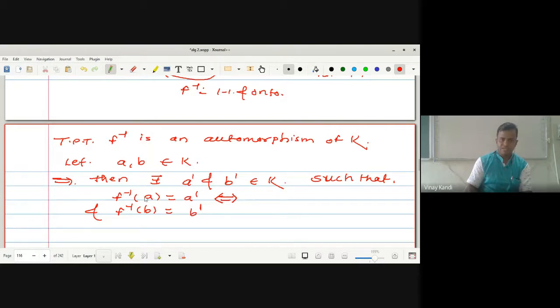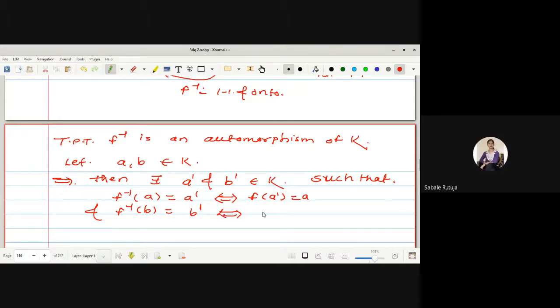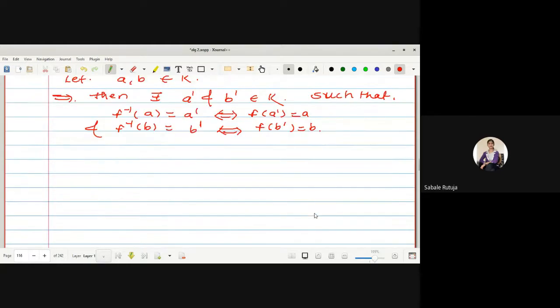If F inverse of A is equal to A dash, then F of A dash is equal to A. This implies and is implied by it. Similarly F of B dash is equal to B. What's this? K. This is the mapping F inverse from K to K. A dash is this one, and this one is B dash.